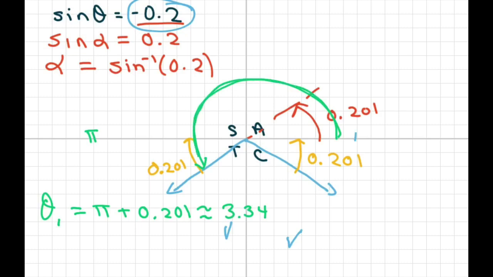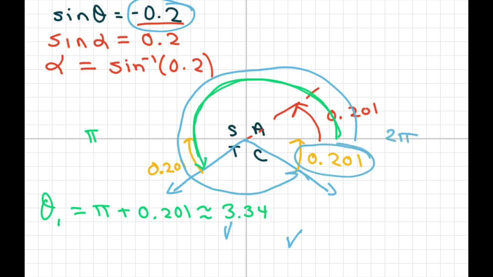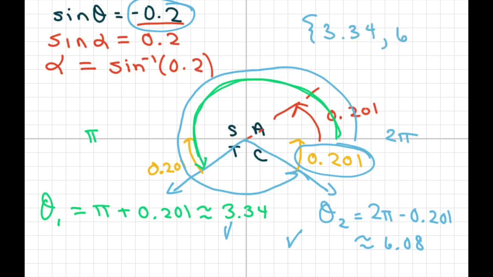And for the whole length of this angle all the way to here, we're just going to take 2 pi minus that. So my theta 2 is going to be 2 pi minus 0.201, which is approximately 6.08. So your two solutions would be 3.34 and 6.08.